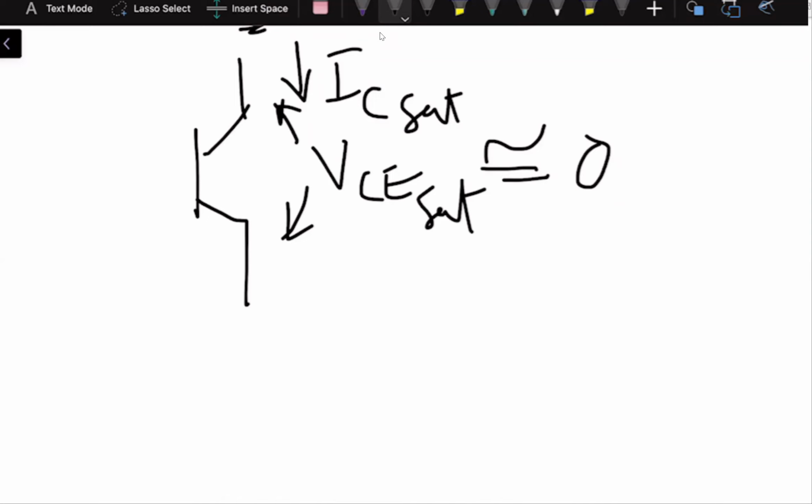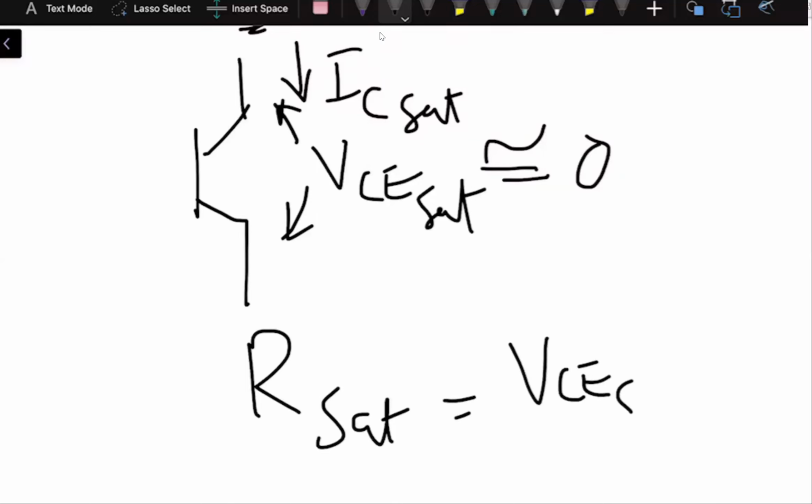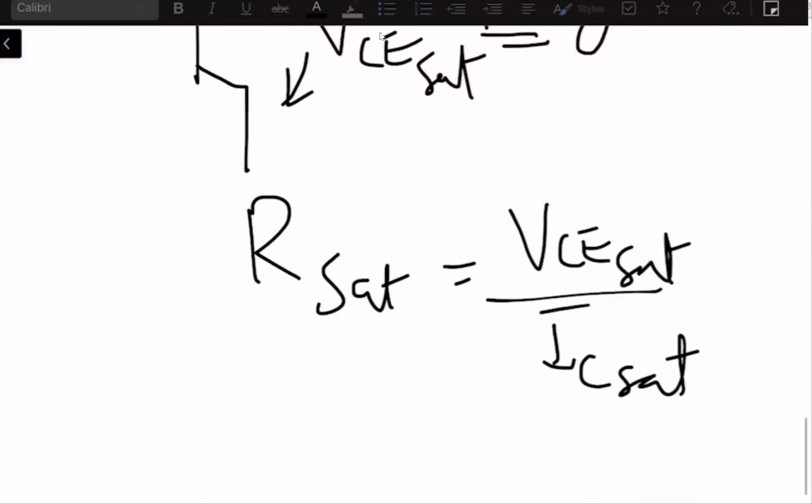Right? So the VCE sat is very close to 0 at that specific time. So what is the saturation resistance of the transistor at that time? It will be VCE sat divided by IC sat, right? The resistance at saturation of the transistor will be VCE sat divided by IC sat.